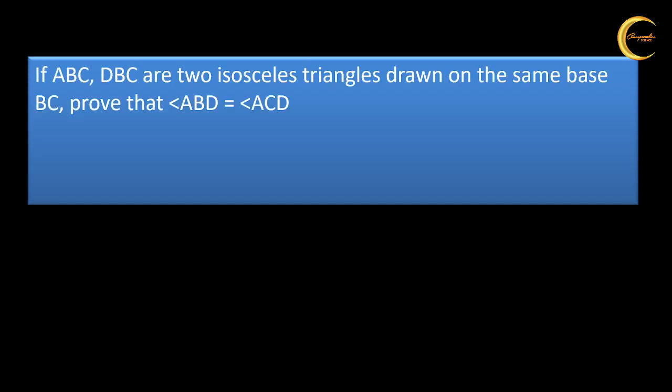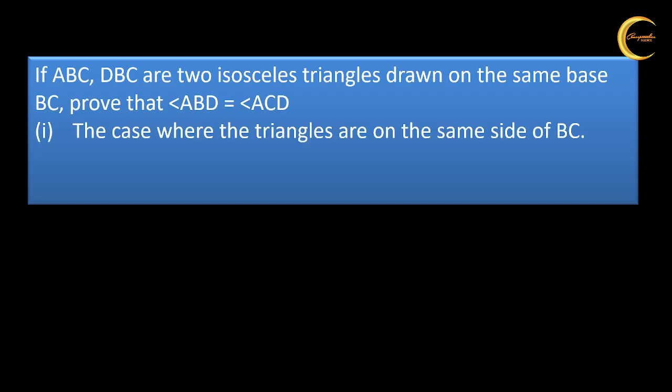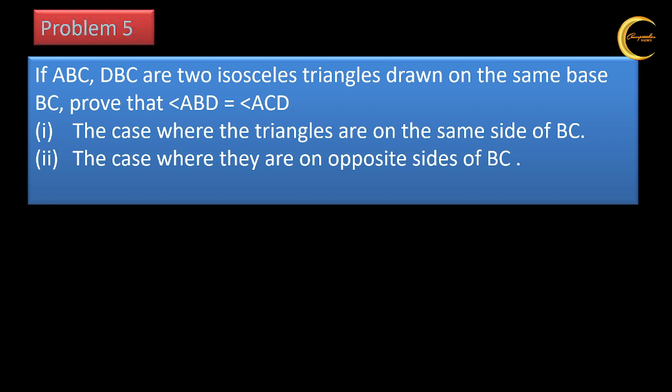So now let's see our next problem. So this is problem 5. First I am telling you, if three sides of one triangle are equal to three sides of another triangle, then these two triangles are equal in all respect.